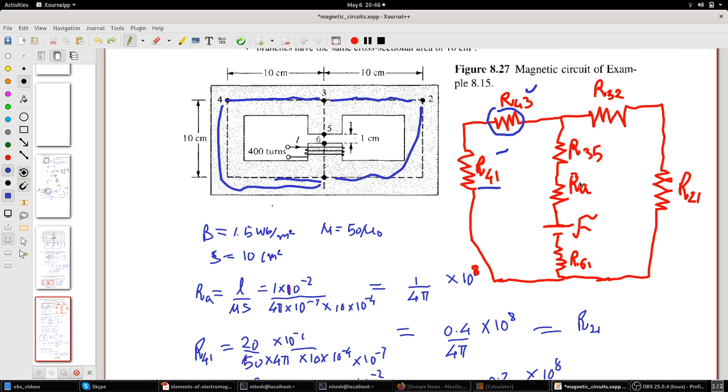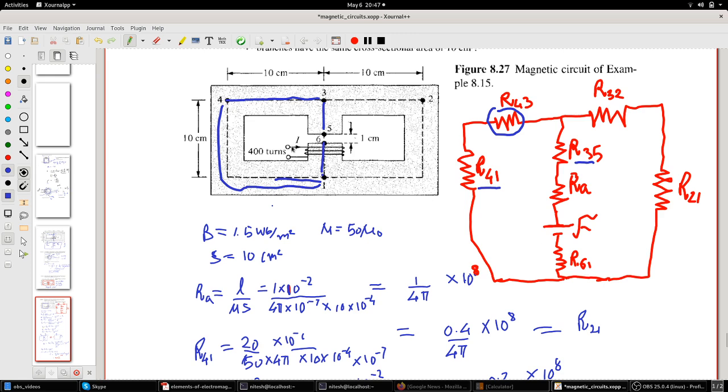Okay, so same thing is done for this part here. So R35 is converted into a reluctance which is this arm, and R61 is converted into a reluctance which is R61.